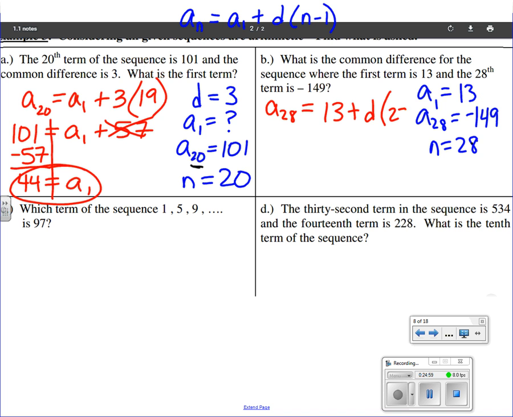Very good. All right. You got this. Okay. Cheyenne, there's still one number in blue that we haven't plugged in. What number is that? Good. What spot can it go in for? So it's going to go there. Okay. Does that make sense? Okay. All right. Negative 149 equals 13 plus D parentheses 27.